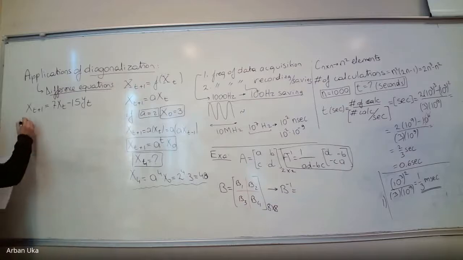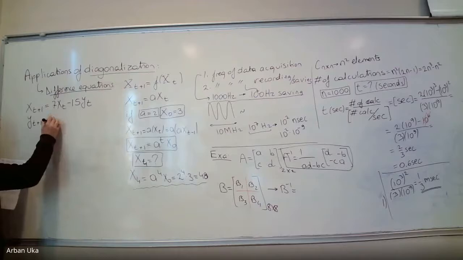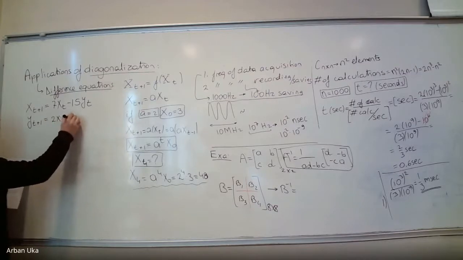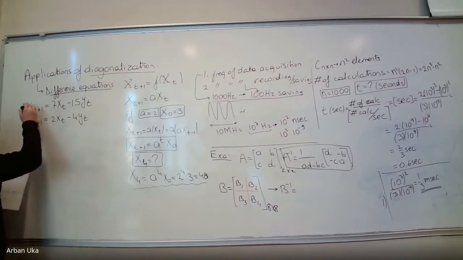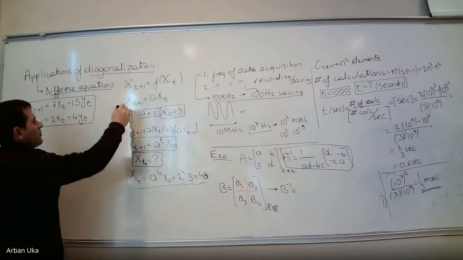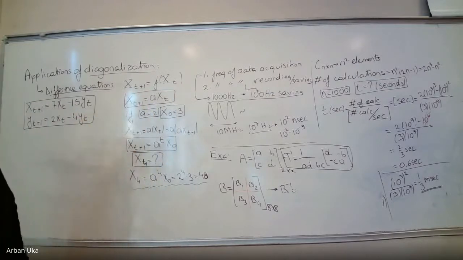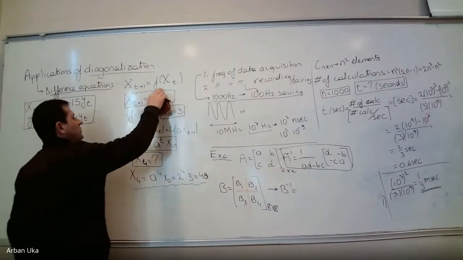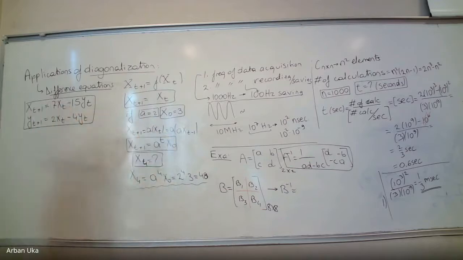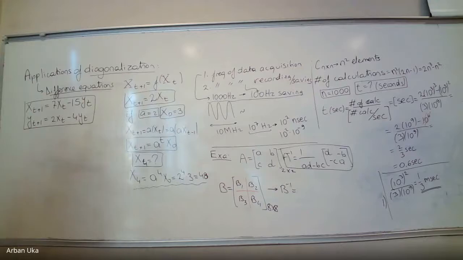And then the other equation, y_{t+1}, is equal to 2x_t minus 4y_t. So here we have a system which is a little more complex than this, okay? Again, a was equal to 2. Let's enter here the 2 so that we can observe the similarity.